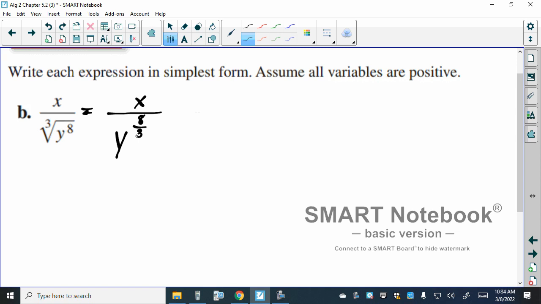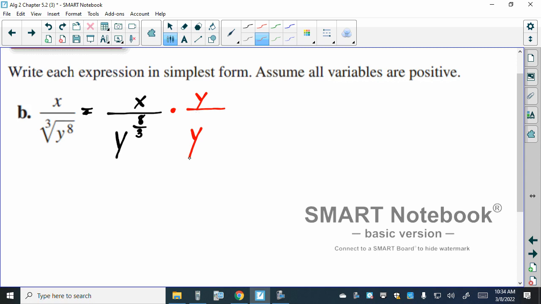We can't have that fractional exponent in the denominator. Now looking at this here, 8 divided by 3 won't divide evenly, yes? What is the next number after 8 that divides by 3 evenly? 9. So how many more do I need? 1. Now, we won't just multiply by y, because we need to get the 8 to become a 9, and when we multiply like bases, we add the exponents.